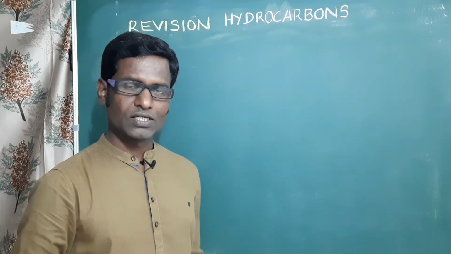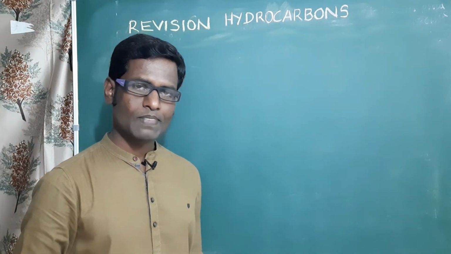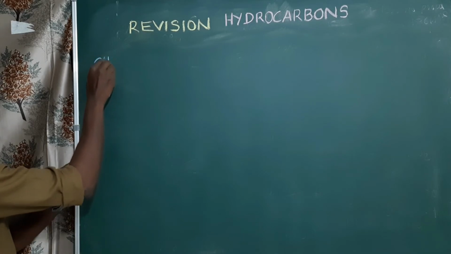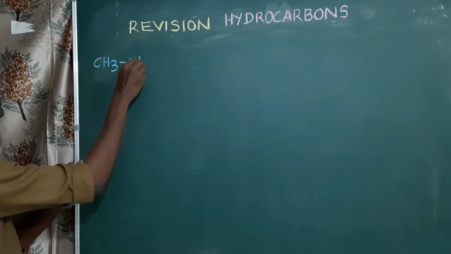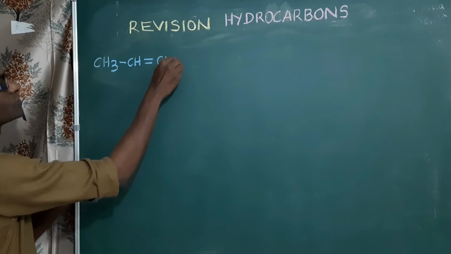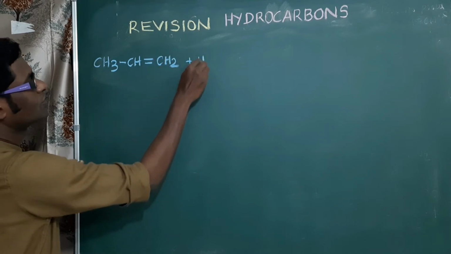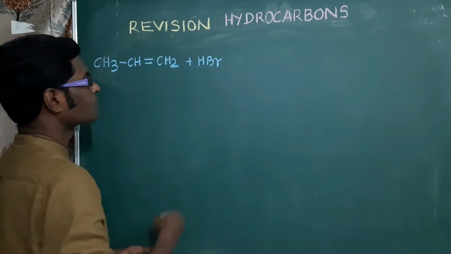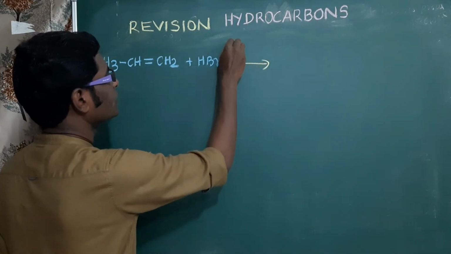Next conversion, starting with propene. Structure of propene: CH3, CH double bond CH2, treated with hydrogen bromide in presence of peroxide.